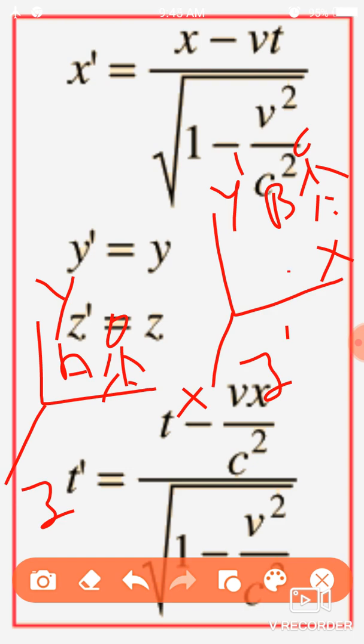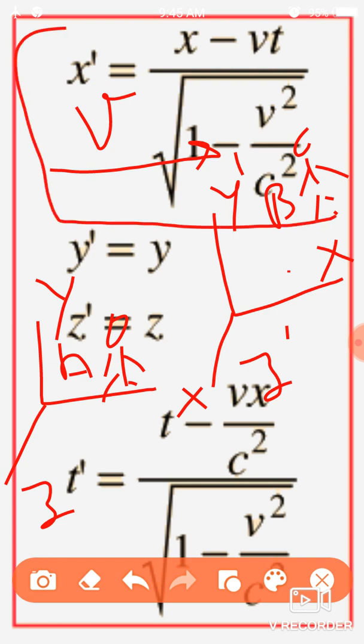We suppose that the moving frame is moving along the x axis with velocity v, then there will be a relative change between the x coordinate of the moving frame and the lab frame. This relation is given by this equation. Here x dash equals x minus vt upon the square root of 1 minus v squared upon c squared.